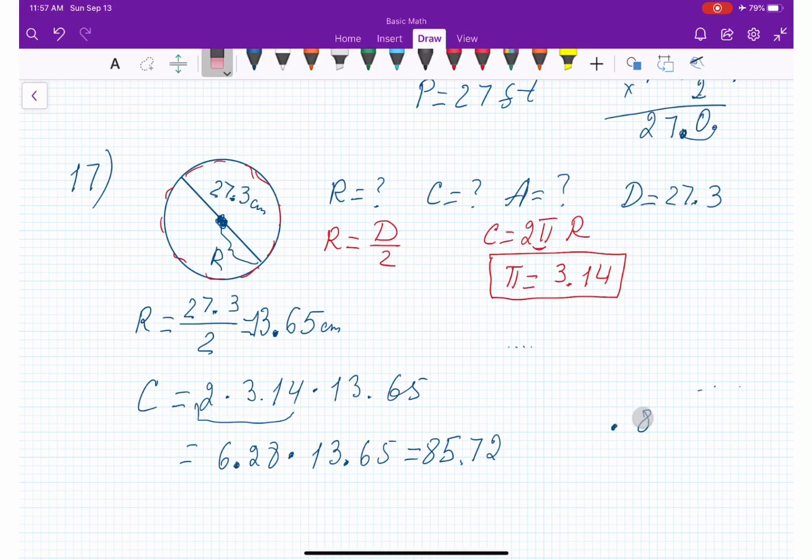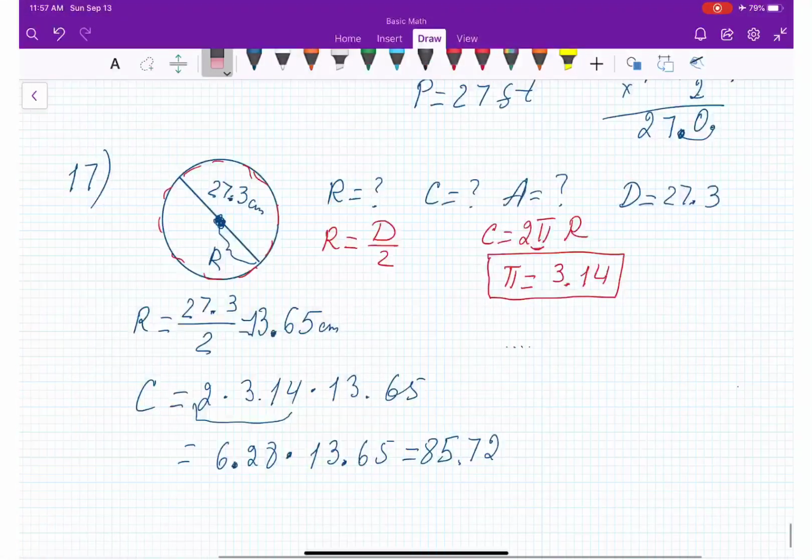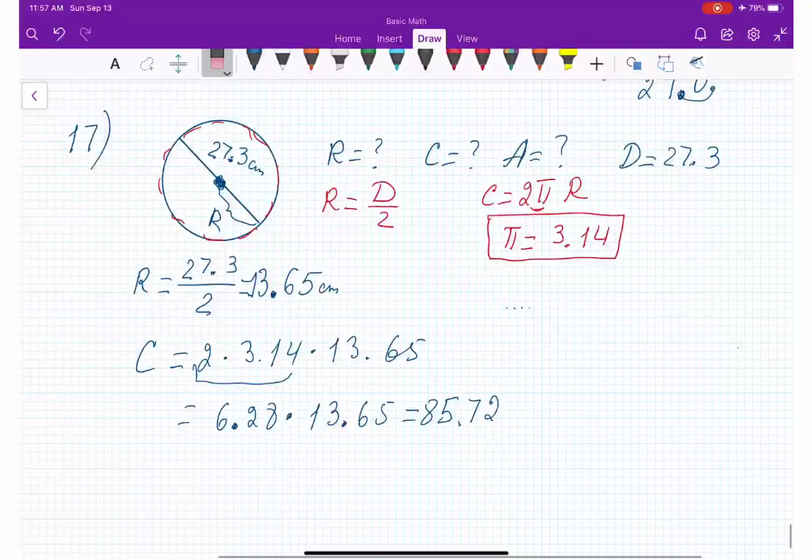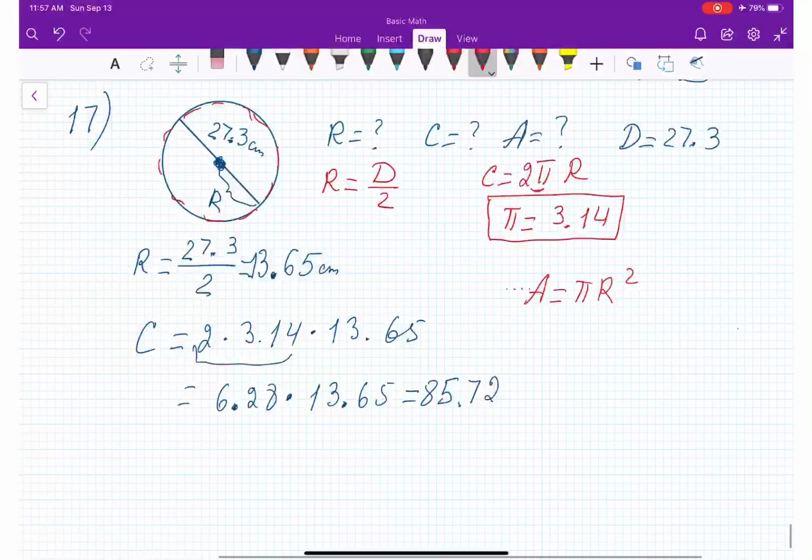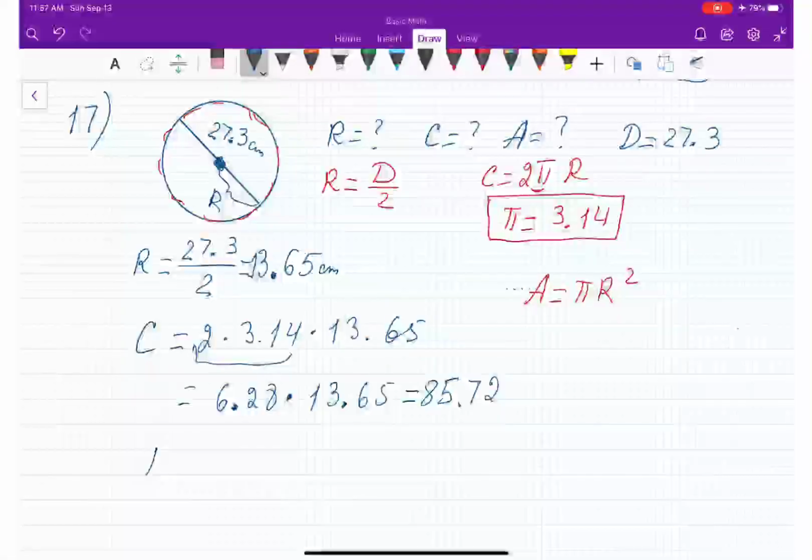So the area for circle is equal pi r squared, which means we have pi, we have r, so area is going to be equal pi is 3.14 times r squared.